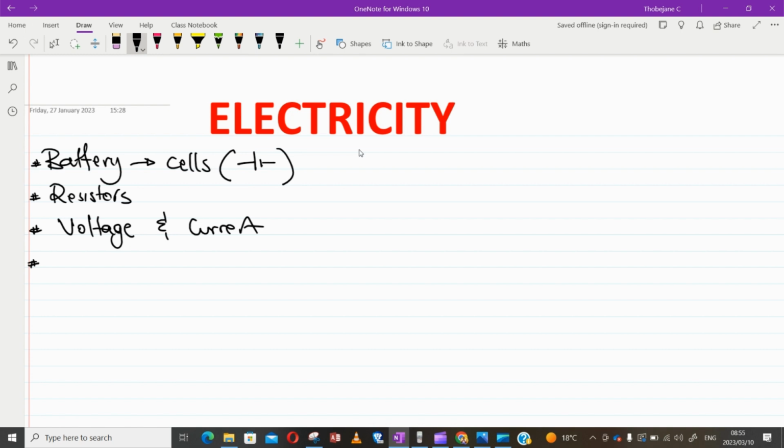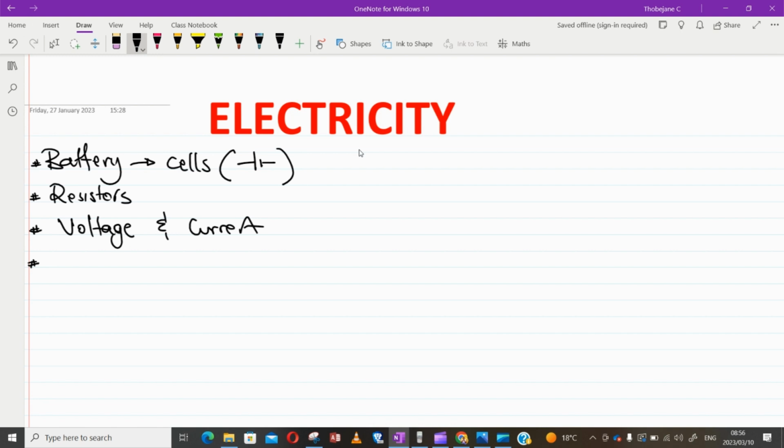It depends on how you are connecting your cells, in series or in parallel, as that will produce a certain amount of voltage. But what we learned from our previous level is that when you connect resistors or cells in series, they share the same current but differ in voltage. When you connect them in parallel, they share the same voltage but differ in current.